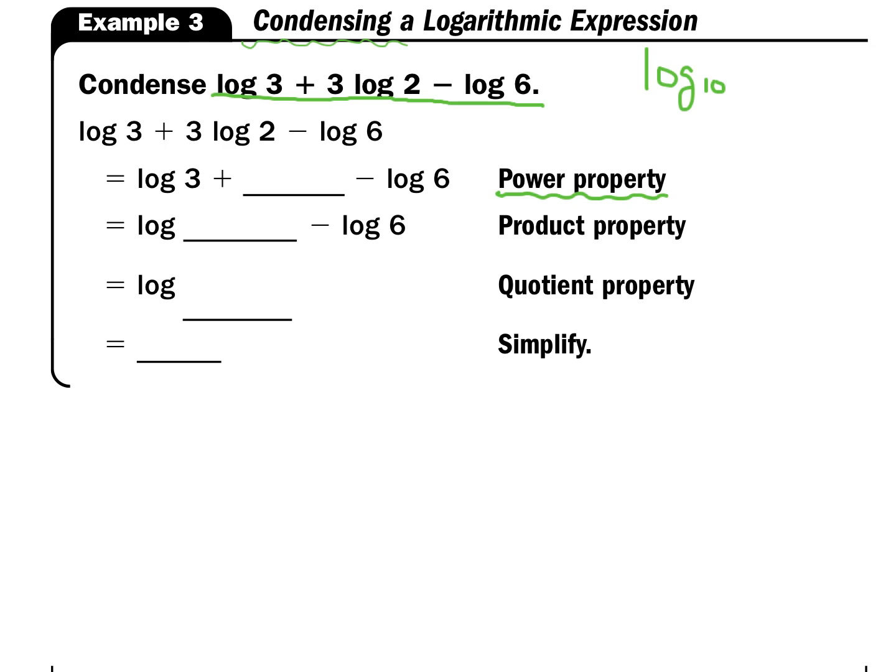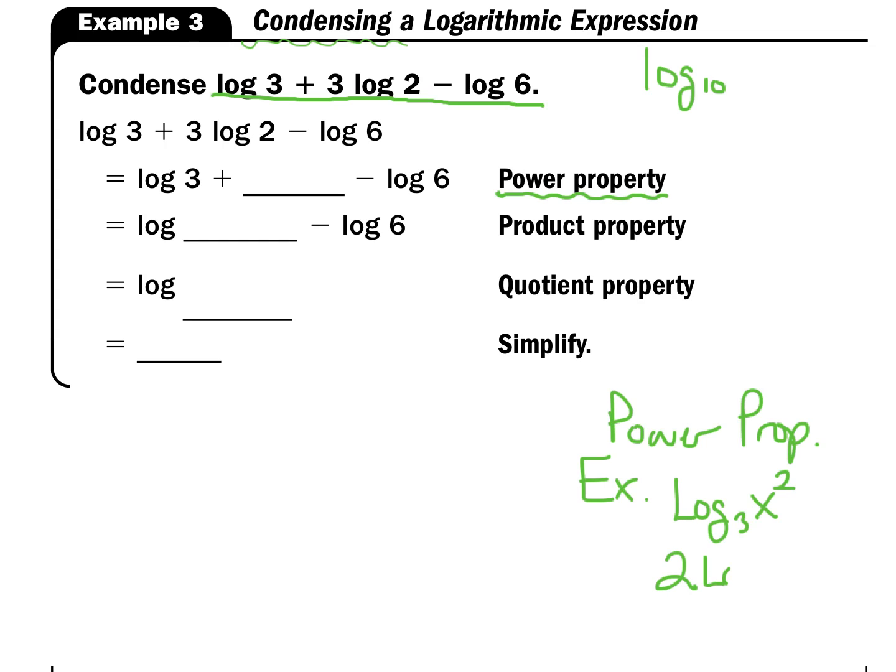So remember, the power property says that, for example, if we have log base 3 of x squared, that's the same as saying 2 times log base 3 of x. So in other words, the exponent becomes the coefficient in front of the log.